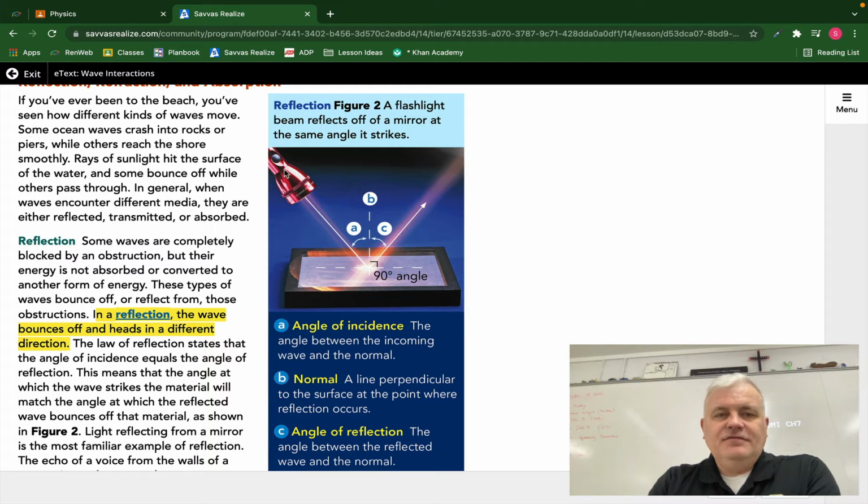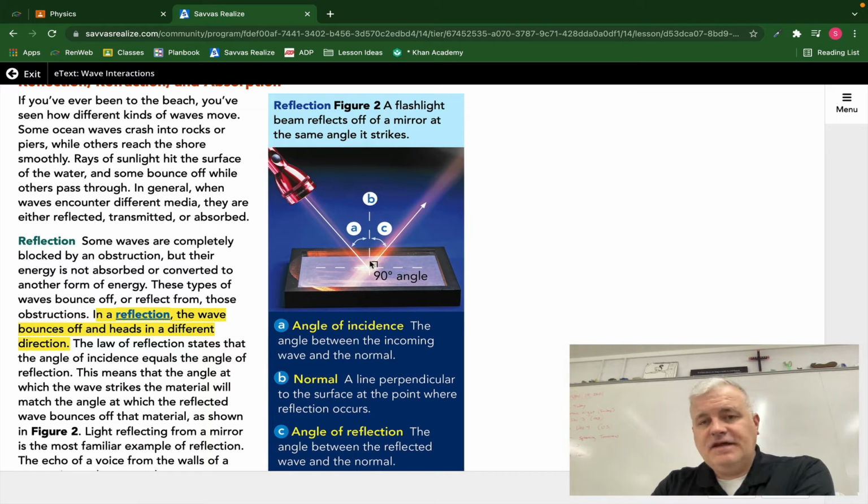So in this case, we have this Maglite here, this big flashlight, and it's bouncing off of a mirror and reflecting. So you have 3 properties of reflection, and you do need to know these. You have the angle of incidence, which is A. So here's the angle. B is going to be our normal, so our perpendicular line, and the angle. And in this case, we have a 90-degree angle, so it's kind of easy. So we have the angle of incidence, the angle between the incoming wave and what we call normal.